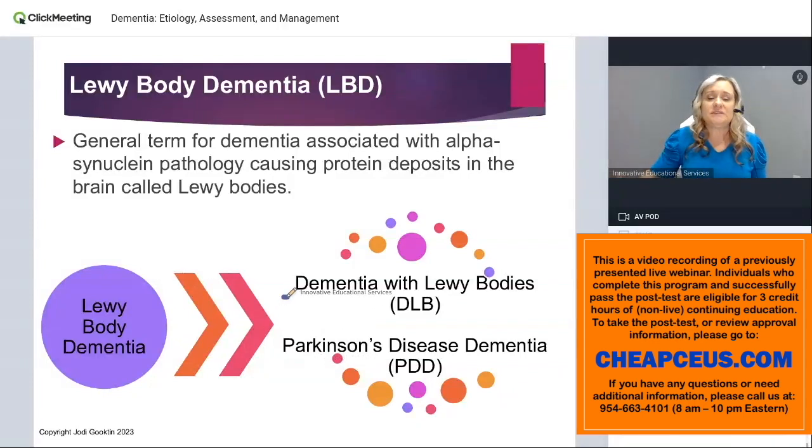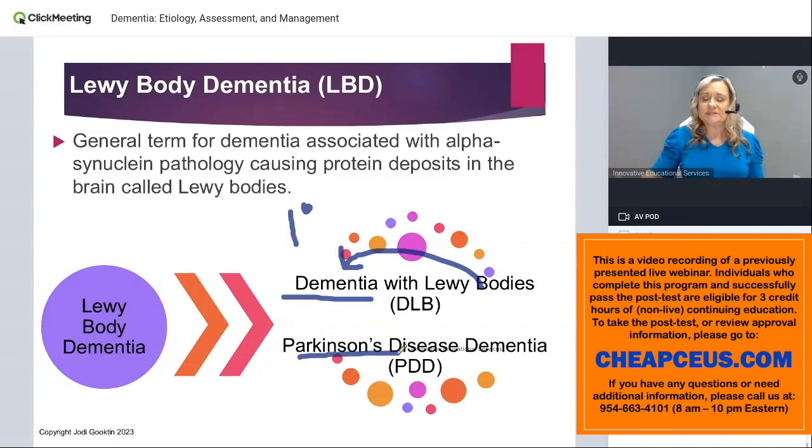The individual can have dementia with Lewy bodies, meaning the Lewy bodies cause the dementia. That's the primary pathology. Or the individual can have Parkinson's disease, where these Lewy bodies have formed, and as the disease progresses, then we're going to see the dementia develop.